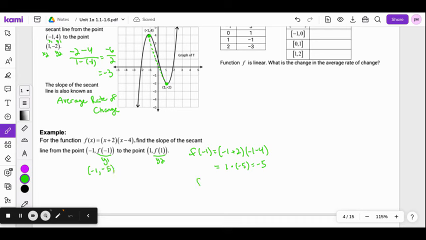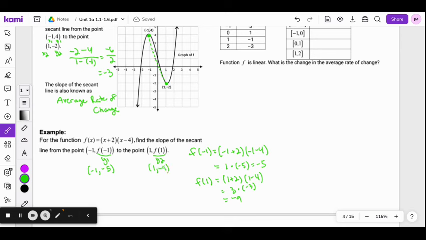And then f of 1 is going to be 1 plus 2 and 1 minus 4, which is going to give me 3 times -3, which is -9. So this is going to give me the point (1, -9).